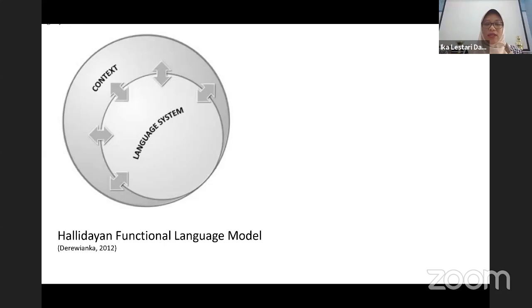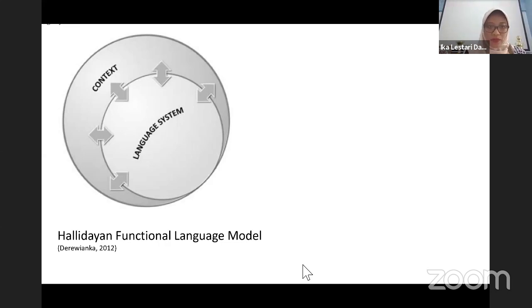In the Hallidayan functional language model, he said that the way we use the language is not separated from context. So context and language system always influence each other. The way we use the language is dependent on the context, and sometimes the context can be influenced by the language system as well.